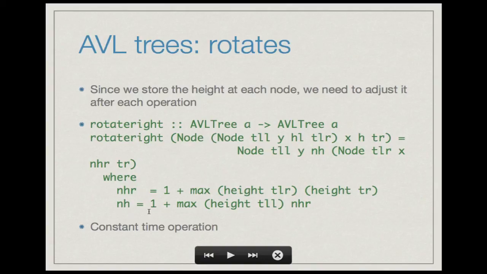NH is 1 plus max of height TLL and NHR, because for the overall tree, NHR is the height of the right subtree and height of TLL is the height of the left subtree. Clearly this is a constant time operation because we modify one pattern to another pattern, and in computing the new heights we are just comparing a constant number of heights against each other.